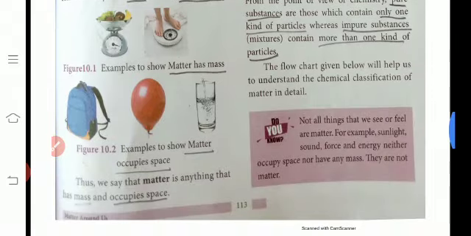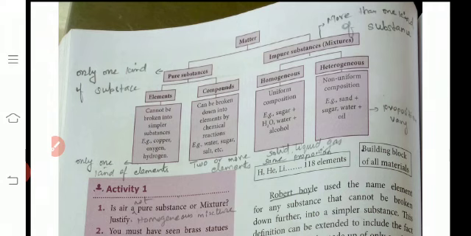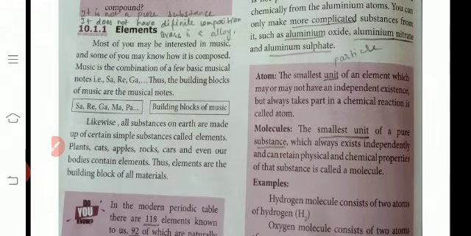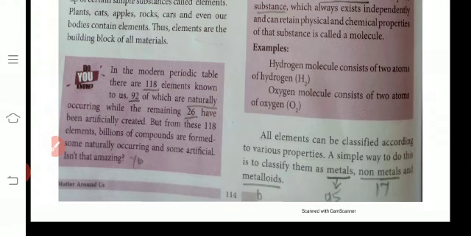What is meant by matter, pure substance, element, compound, homogeneous mixture, heterogeneous mixture, atom, and molecule? How many elements are present in the periodic table, how many occur naturally, and how many are prepared in the lab? Make these small questions and send them to your class teacher. Thank you, children.